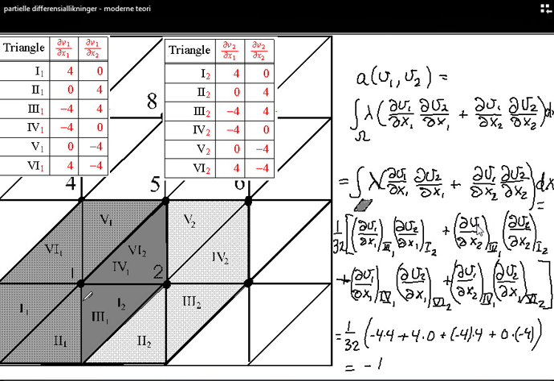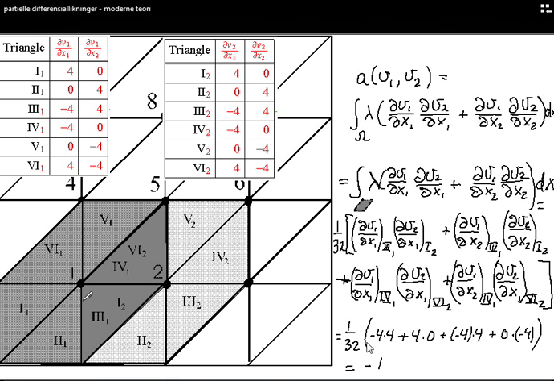The partial derivatives of V1 here, we refer to the table concerning the triangle 3, 1 for the value of this, and similarly for the partial derivative of V2. So using these table values, we are able to find the value of this pairing.